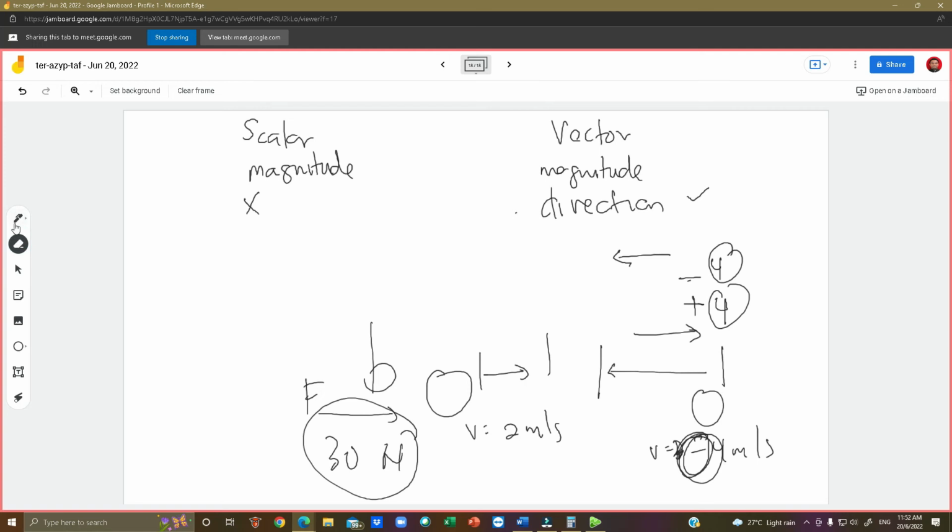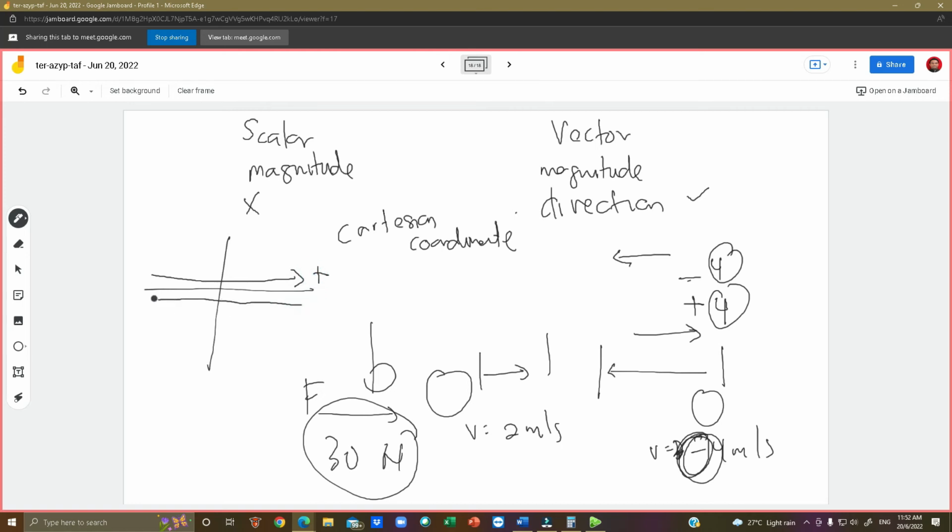When we talk about direction, please remember this. Cartesian coordinate. Kita dah belajar benda ni masa topik kedua. So anything that moves from left to right, the figures will be positive. Anything that moves from right to left, the figures will usually be negative. Same goes as the object moves bottom up, positive, and from top to bottom, negative.